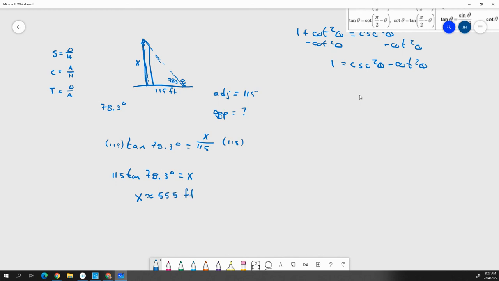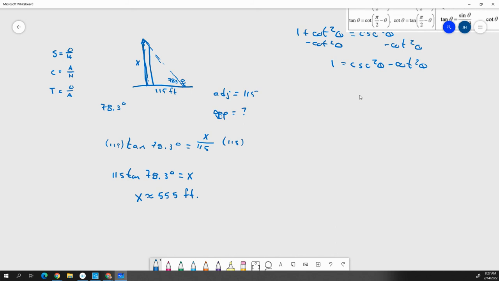Now, if you don't know how to work your calculator, look up the directions when you're dealing with tangent or sine or cosine. But literally all you have to do is hit tangent and it should offer you a parentheses to put in whatever the degree is or whatever the radian is.